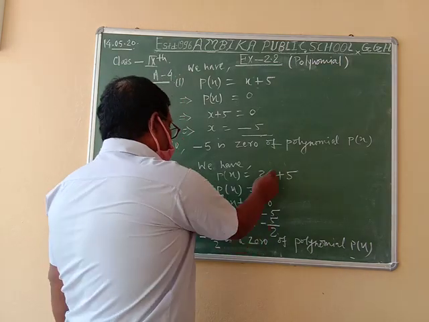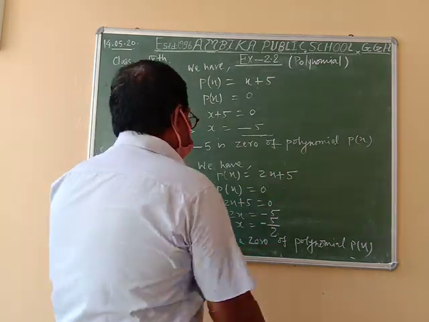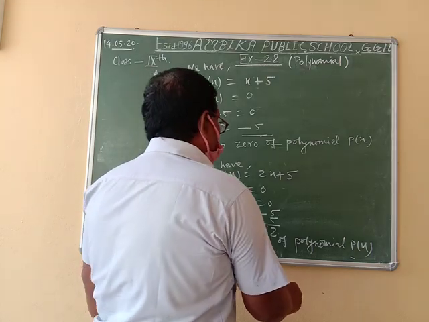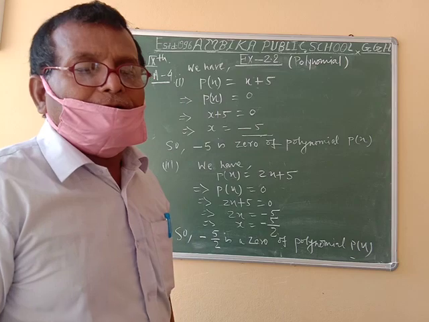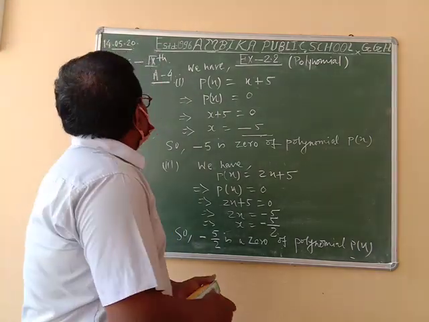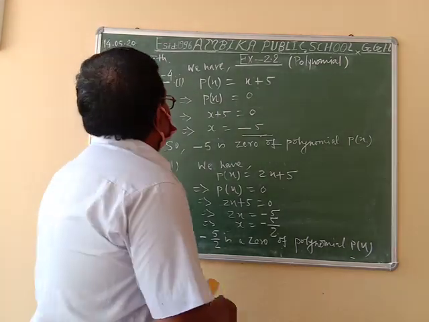The result will be 0. So minus 5 by 2 is a zero of the polynomial p(x). One more problem.